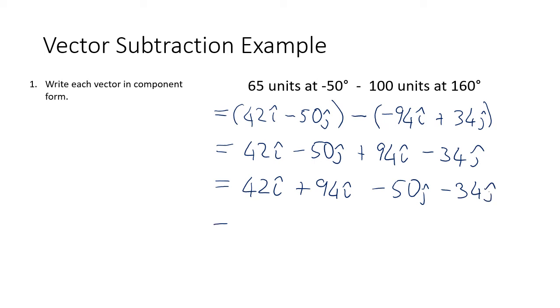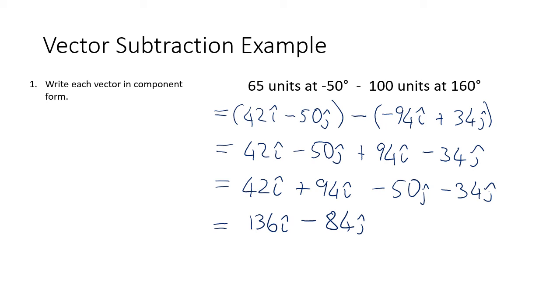And now we can add like components. 42i plus 94i is 136 i's, and minus 50j's minus another 34j's is a total of minus 84 j's. And there is the answer to our subtraction.